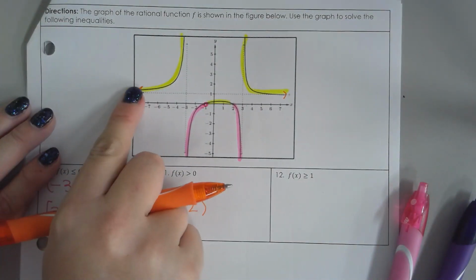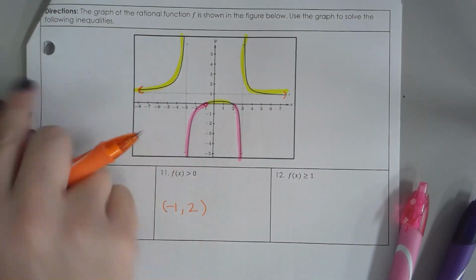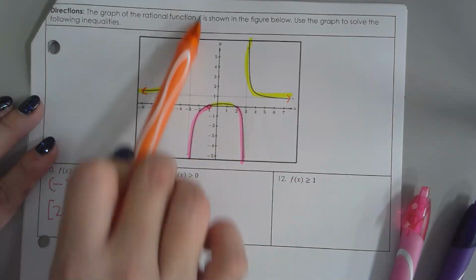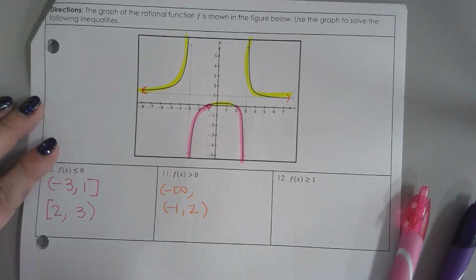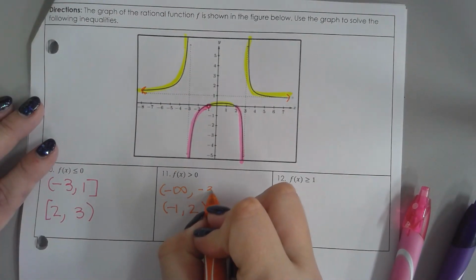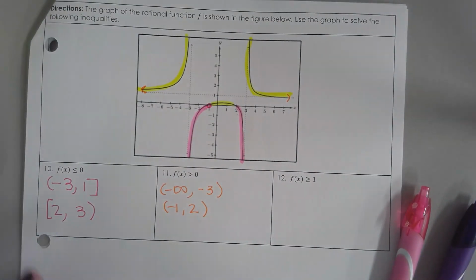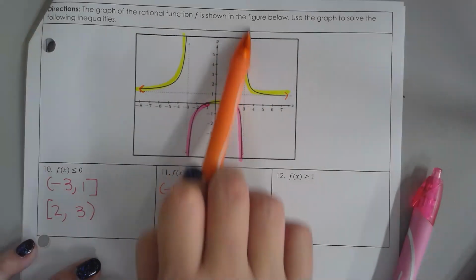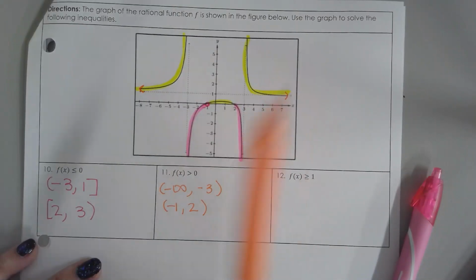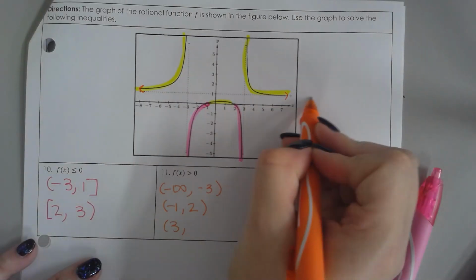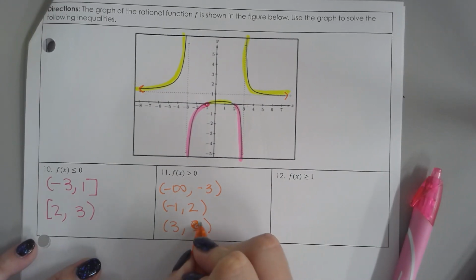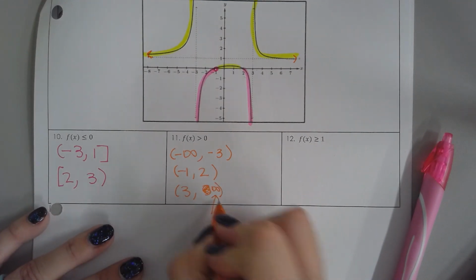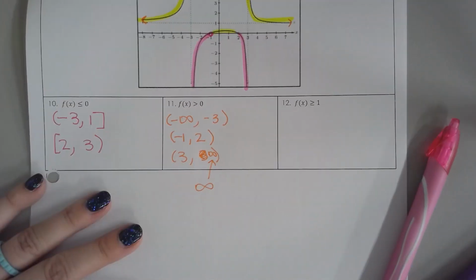This section does go left forever. So it starts at -infinity and it stops. It's not going to go any more to the right than that asymptote at -3. And then this other section here, the far left is at +3, and it continues to infinity. I messed up. It's infinity. Okay.